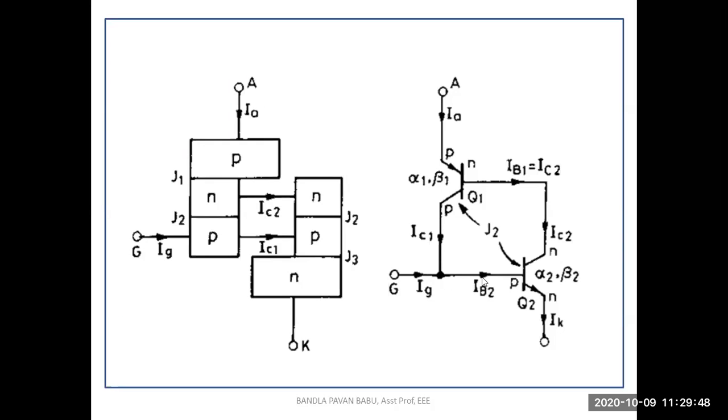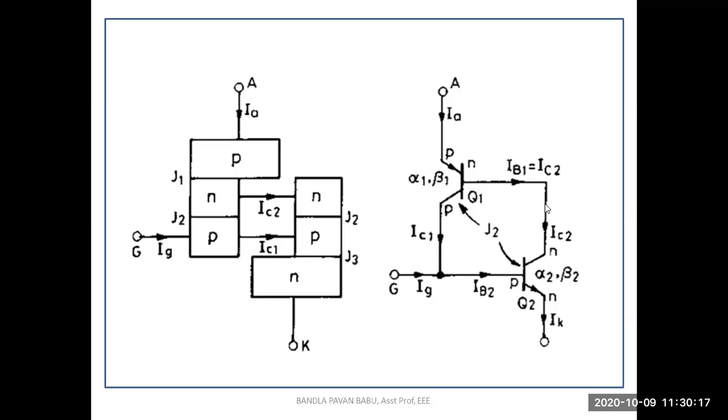The collector terminal of the first transistor Q1 is connected to the base terminal of the other transistor, and the collector terminal of the second transistor Q2 or T2 is connected to the base of the first transistor. So these two collector currents are connected to their bases.